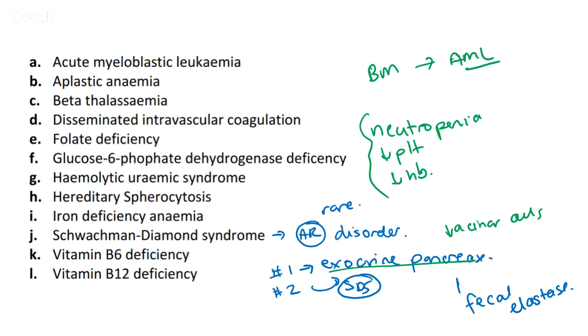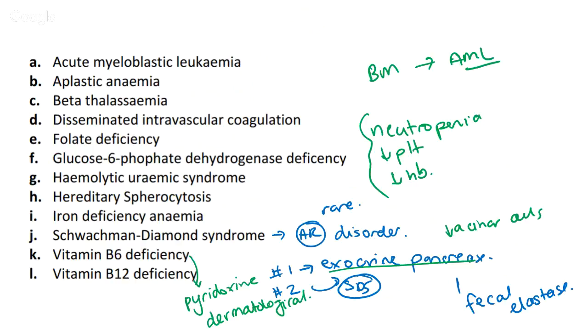Now, B6, what is B6? Pyridoxine. Pyridoxine deficiency usually causes dermatological symptoms. It's not pellagra, that's niacin.